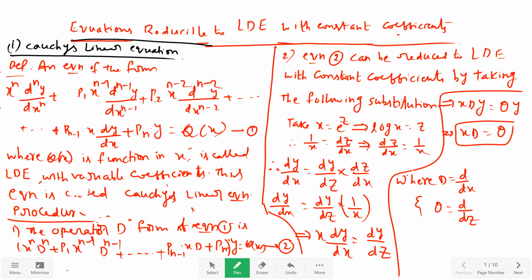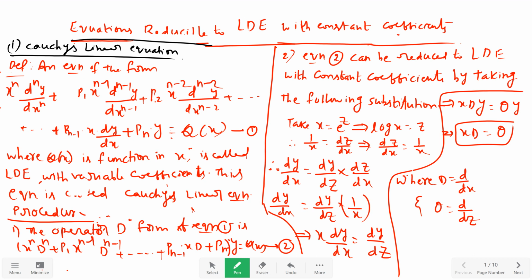Next, equation 2 can be reduced to a linear differential equation with constant coefficients by certain substitutions. In this Cauchy's linear equation, y is the dependent variable and x is the independent variable.